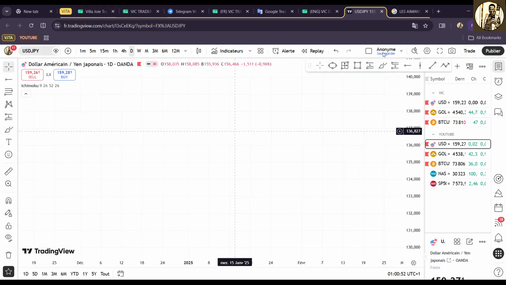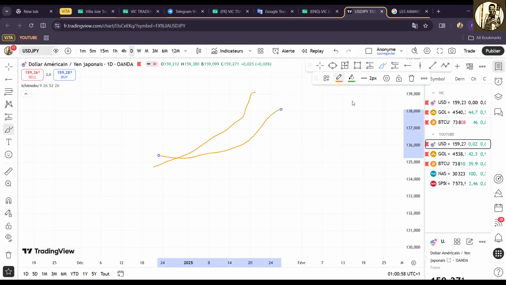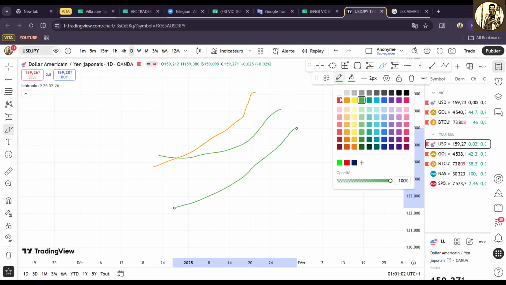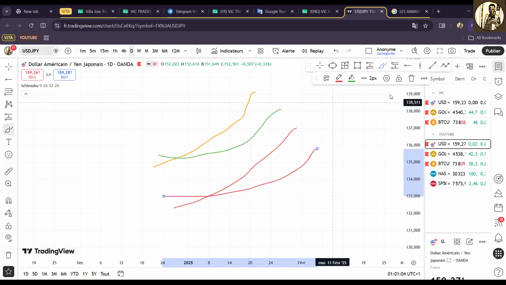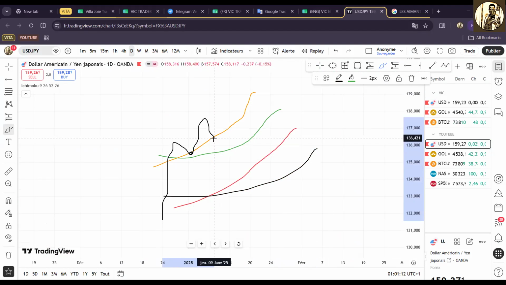So you need to understand that when you have here, for example, Tenkan, and then you have here Kijun, and then you have here SSA, then you have here SSB. The price moves to the upside, touches Tenkan the first time, then touches Tenkan the second time, then touches Tenkan the third time.